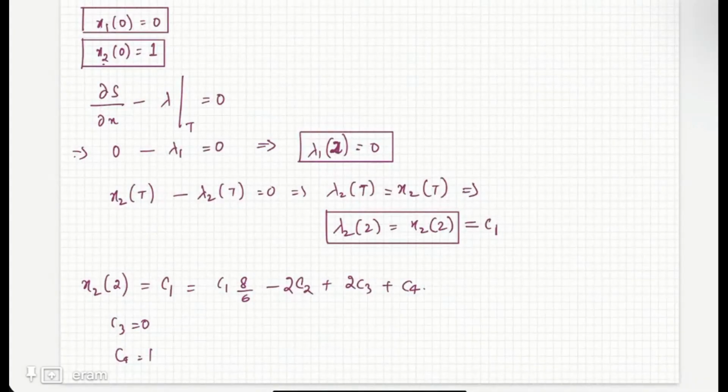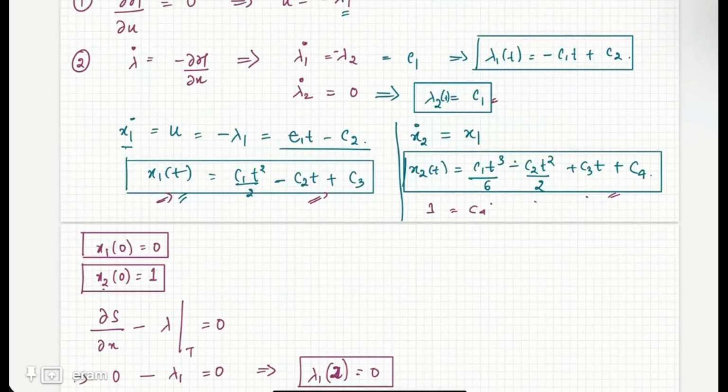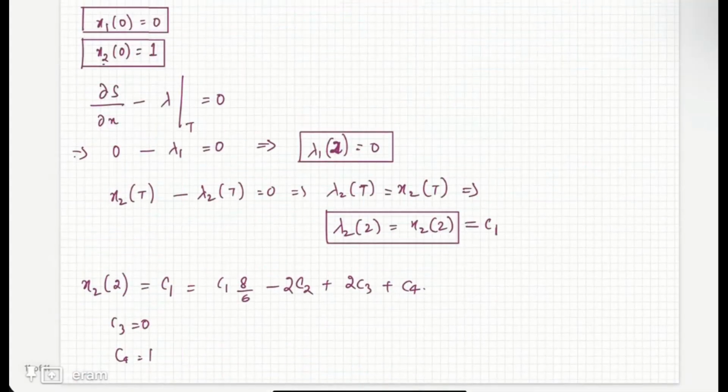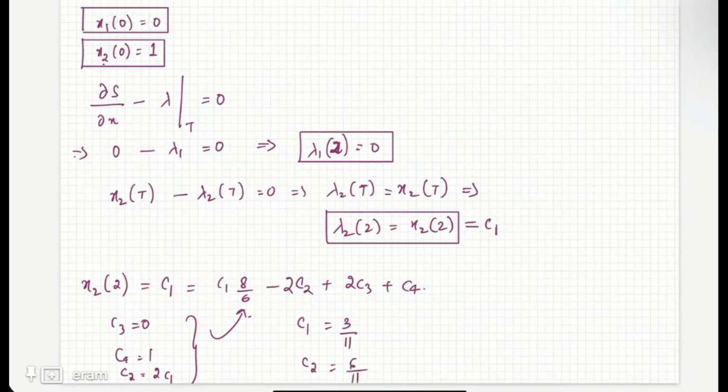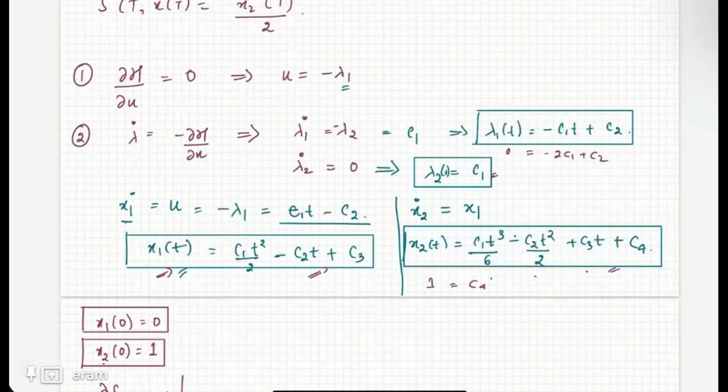And the last condition we have is lambda 1 at 2 equals 0, so that is minus 2 C1 plus C2, so C2 equals 2 C1. We can put all these together, so that would give us C1 to be 3 by 11, C2 to be 6 by 11, and C3 is 0, C4 is 1. So this would give us the solution for lambda 1, lambda 2, x1 and x2.